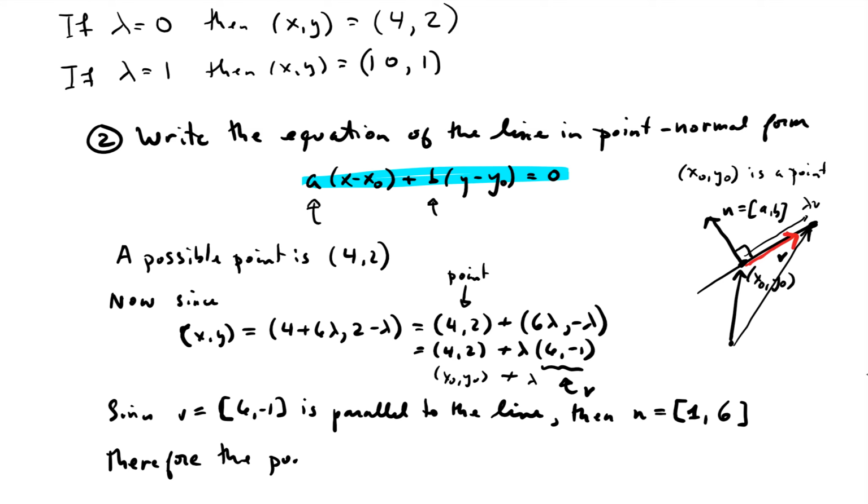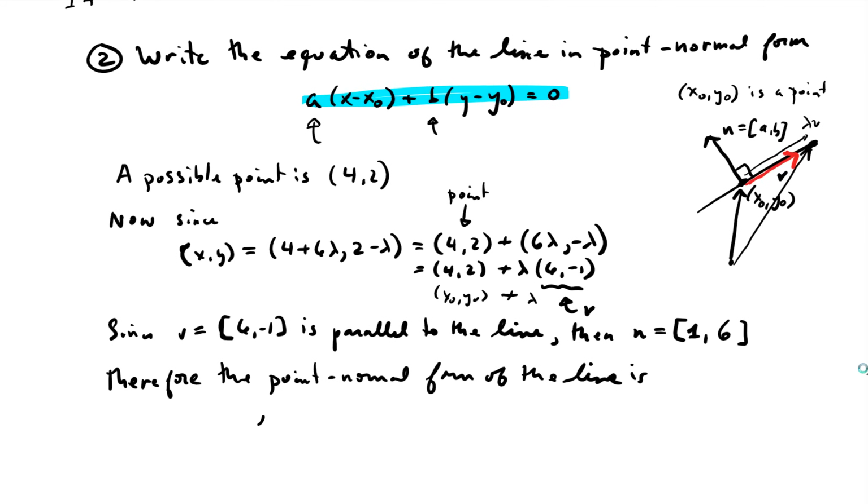So, therefore, the point normal form of the line is, I just need to plug in the numbers: 1 times (x minus x0), what's x0 again?